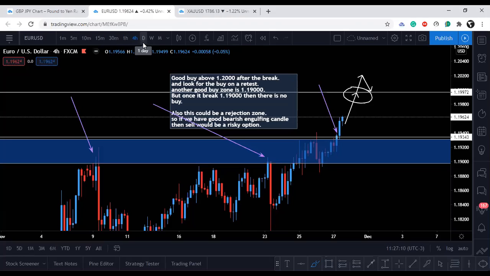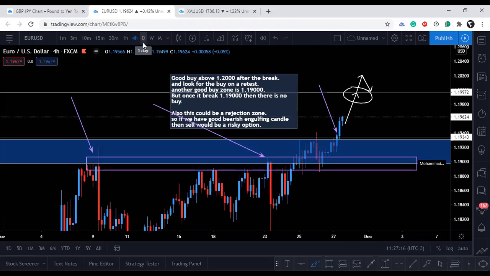If I would mark this level on H4, it would be something like this, right? So a lot of touches have already happened on this level. So what I think is, when the market comes down, it might break this level.